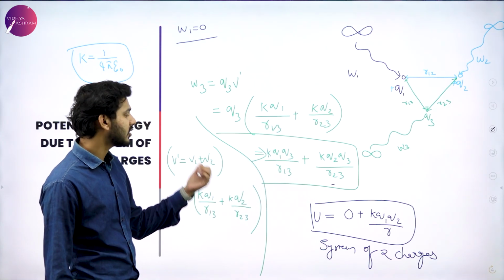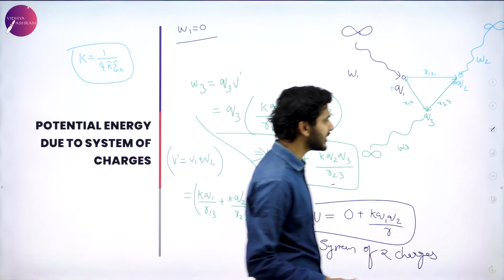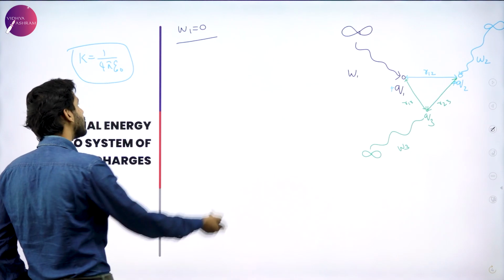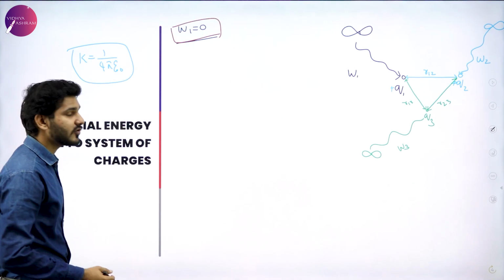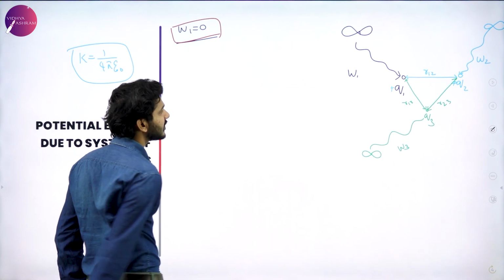So we found W1, W2 and W3. I'll write it down separately so that you can understand it. We already found that W1 was equal to 0, since no work was required to bring the first charge Q1 from infinity to that particular point.